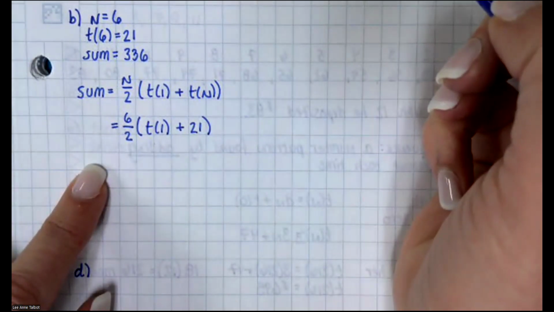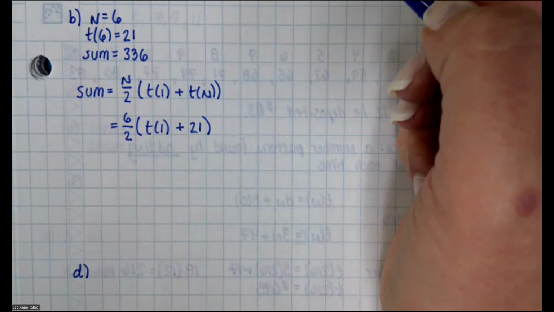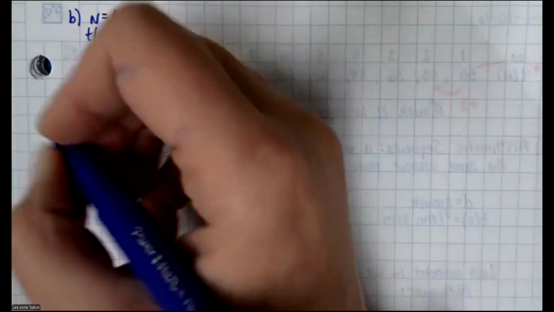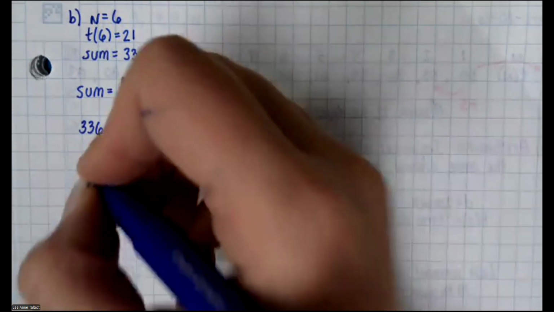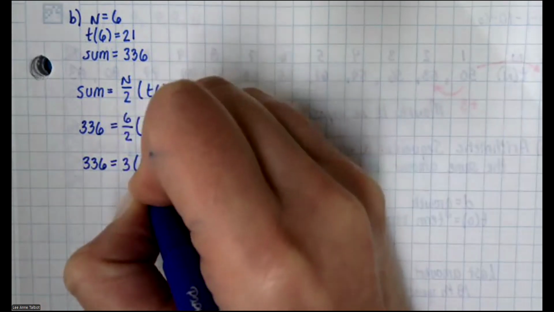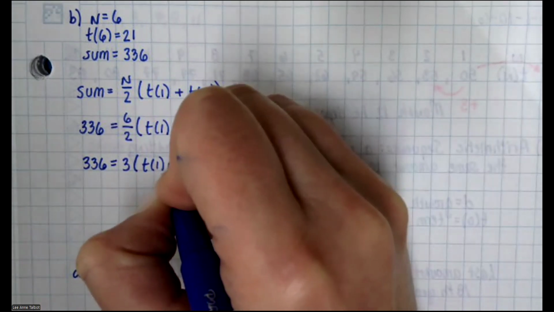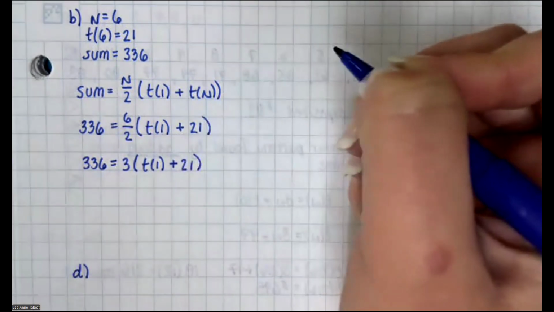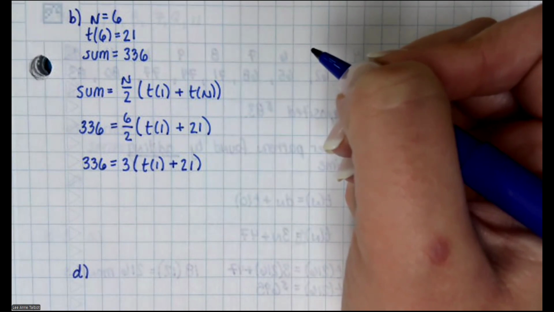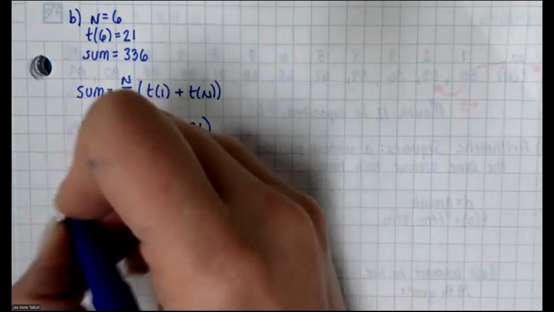T of n is 21. Yep. What about this? 336. Does your instinct tell you to distribute or divide? Okay.